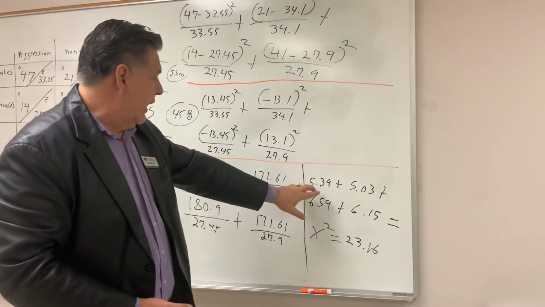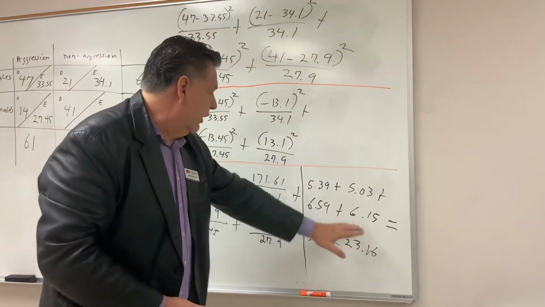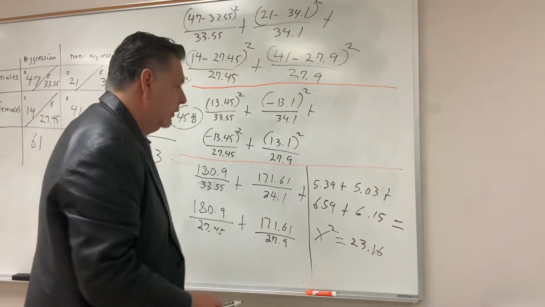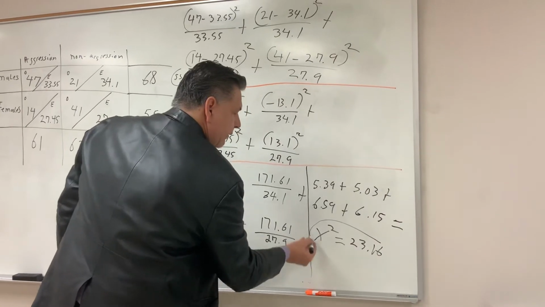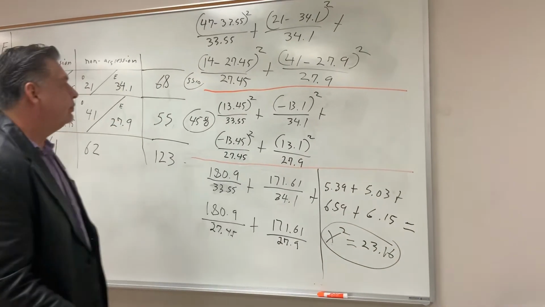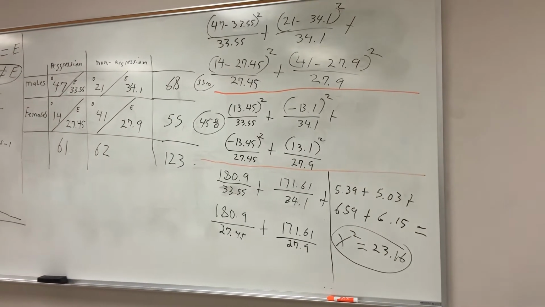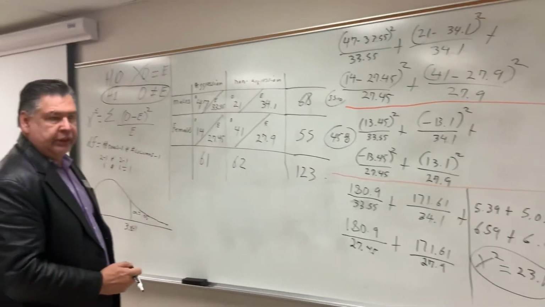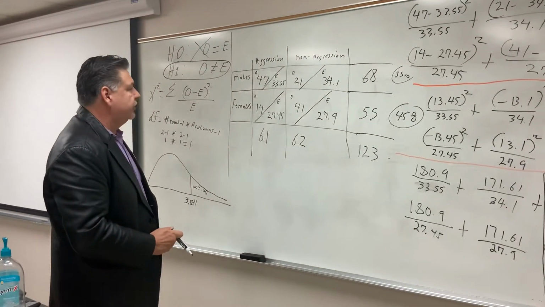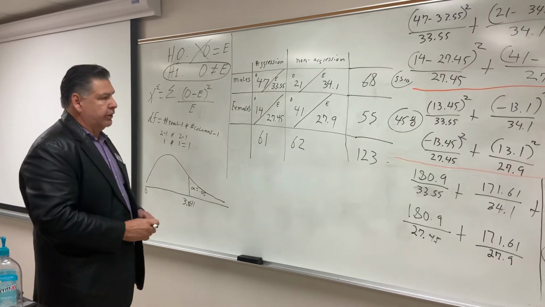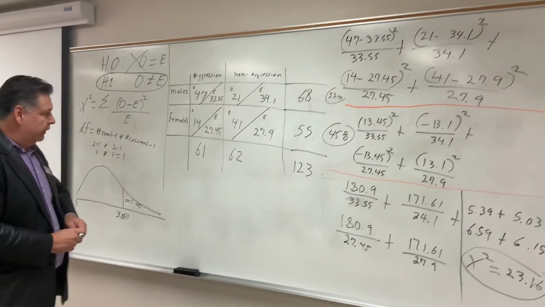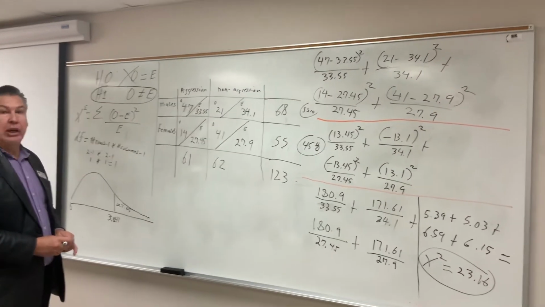And then once I've divided, I just add those up and come to my obtained chi-square value. So that should get you through. It's not difficult, and this is going to be the same type. The numbers are going to be different, but the situation is going to be the same.